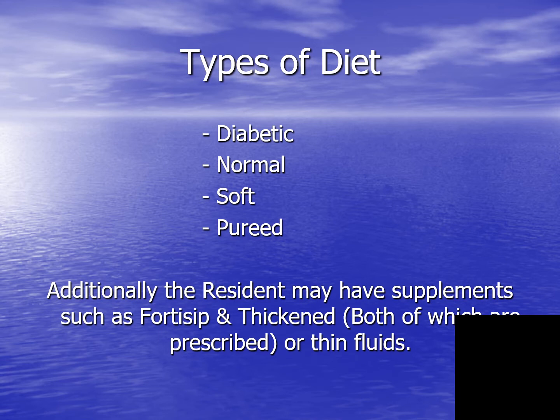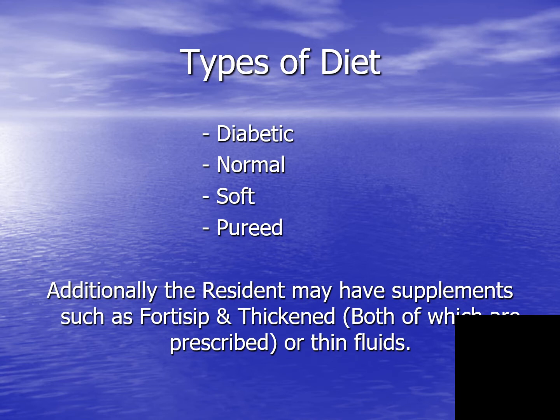We also have different consistency diets. I'll talk about the IDDSI levels in a minute, but you have a soft or pureed, for example. That's about consistency. As for types, we may have a normal diet, but you can also have gluten-free for someone with celiac disease.